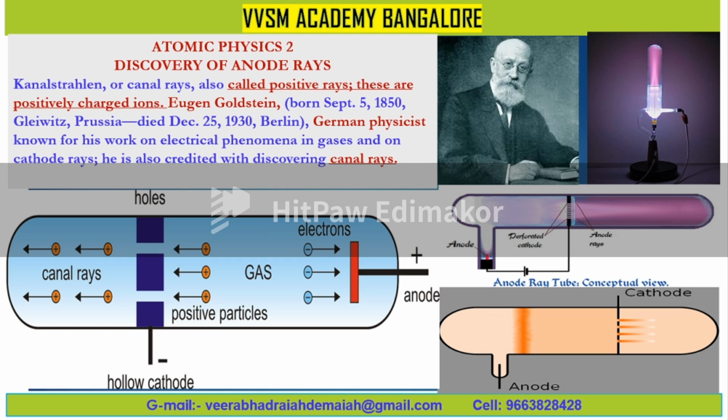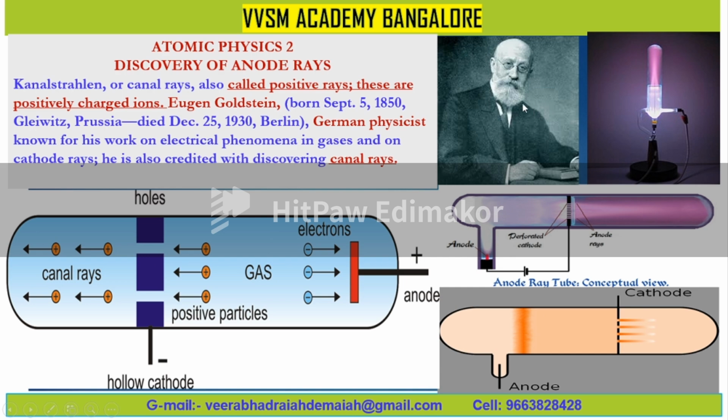Well, friends, what are canal rays? Canal rays are the modified anode rays which are passed through the perforated hollow cathode. These are canal rays. This is the anode ray tube, conceptual view.